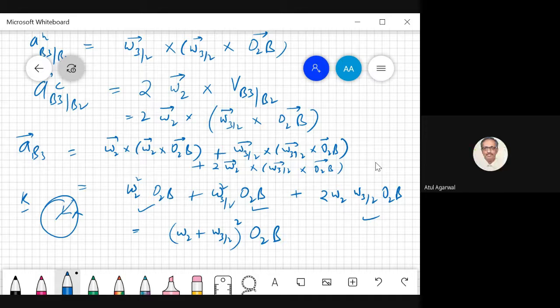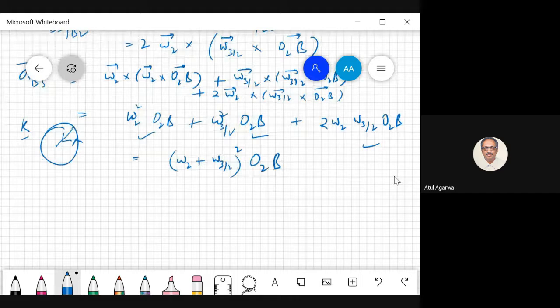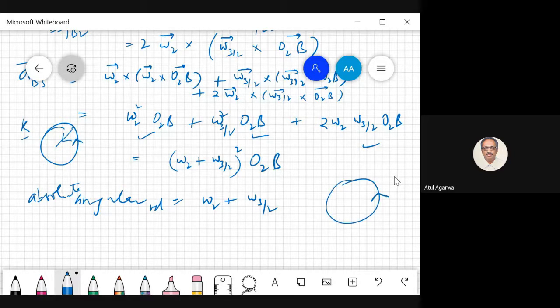Also, you will see what is the absolute motion of the runner. The runner has an absolute angular velocity, omega 2 plus omega 3 by 2. So he is making a circular motion with this angular velocity. What will be the centripetal acceleration? Once you have found the absolute trajectory, it will be just this angular velocity square into the radial distance towards the center. So that is what it is.